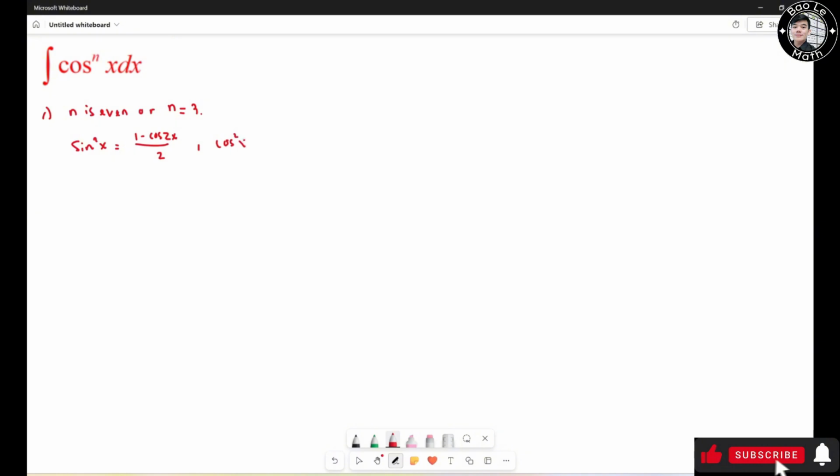Cosine square of x equals 1 plus cosine 2x over 2. And sine cube of x equals negative sine 3x plus 3 sine x over 4. And cosine cube of x equals cosine 3x plus 3 cosine x over 4.